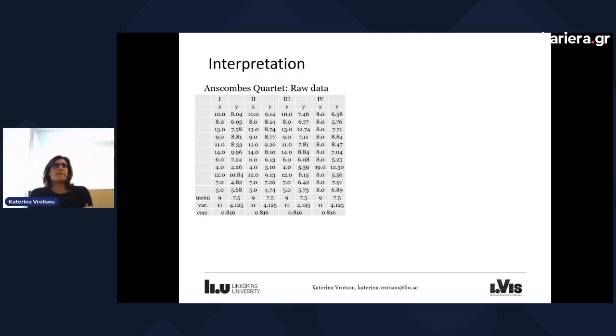And this is quite well illustrated by this example that's called Anscombe's quartet, where we have 4 different data sets that have exactly the same statistical summaries. They have the same mean, the same standard deviation, the same correlation coefficient. And if we would look only at the statistical summary, then we would be under the impression that these data sets are very similar.